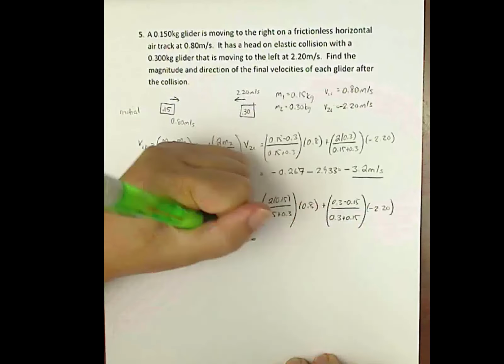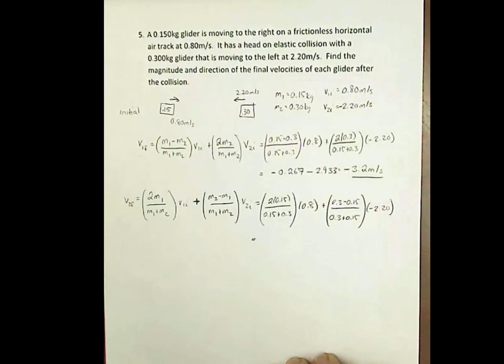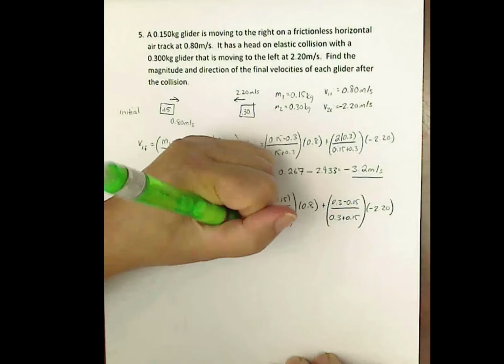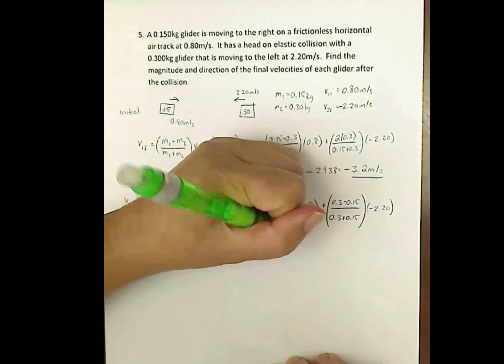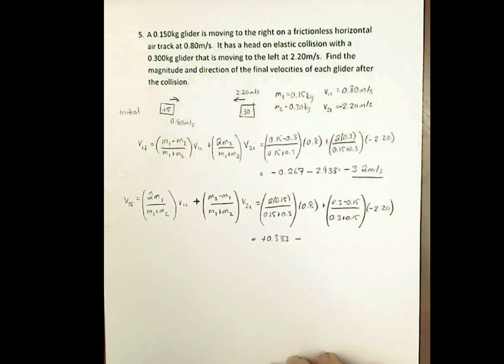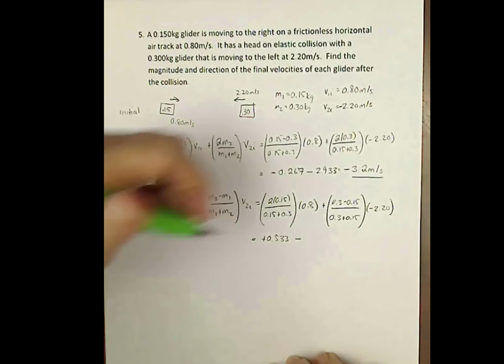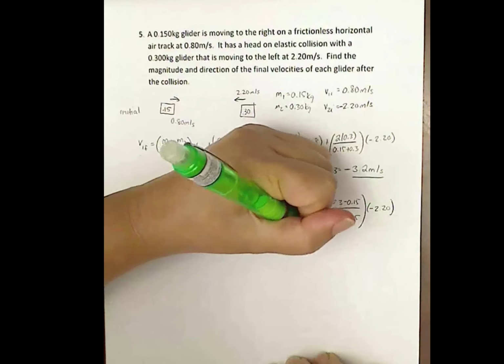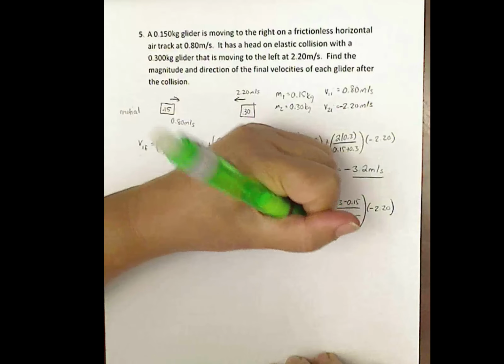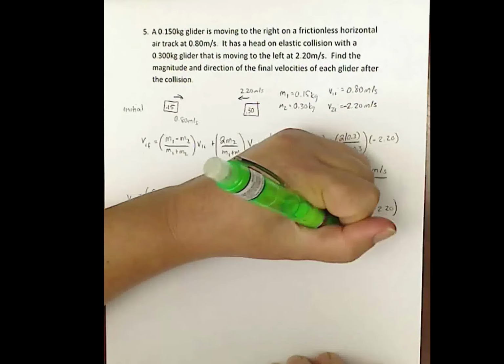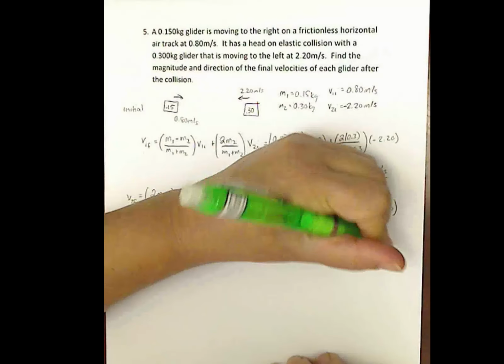Okay, so this time I'm going to get a positive number and a negative number. So I get plus 0.533 minus 0.733. So I get negative 0.200 meters per second.